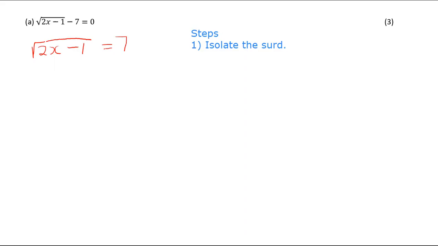I took -7 from the left-hand side to the right-hand side. When you isolate it, obviously, the sign will change. That -7 will become positive. That's why on the right-hand side, I now have positive 7, right? The next step, what do we do?